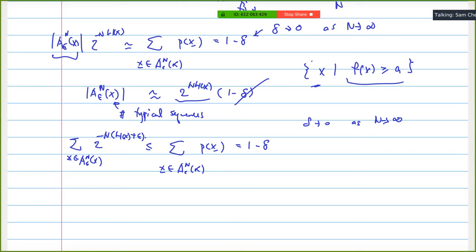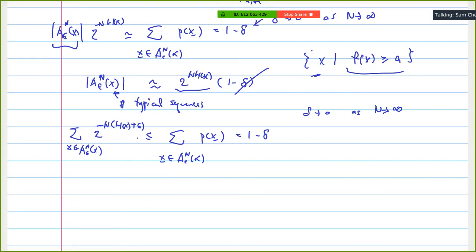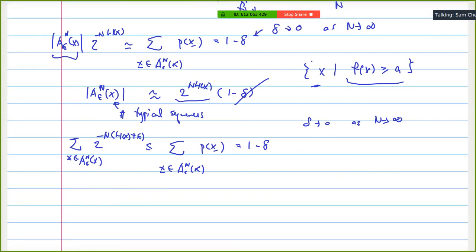That's the definition, right? If it's typical, then the probability will be within that range, bigger than this and less than the other side with minus epsilon. So this does not depend on x. This is just a constant, so I can pull it out.